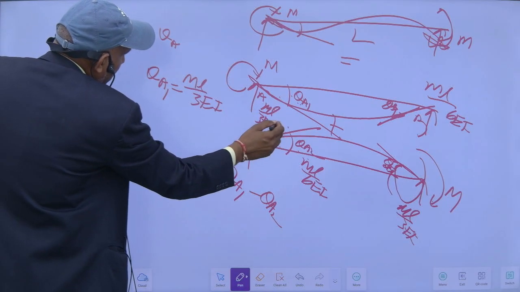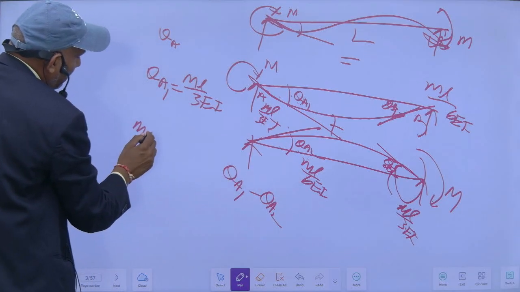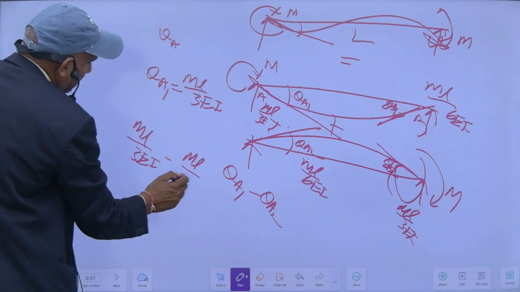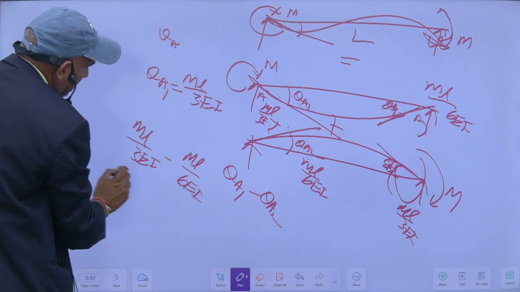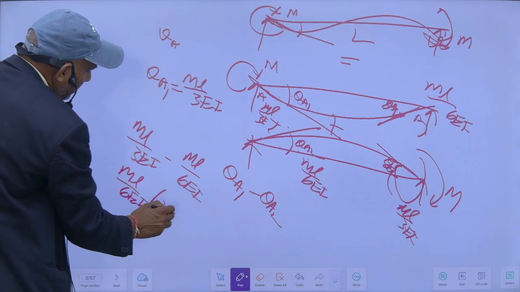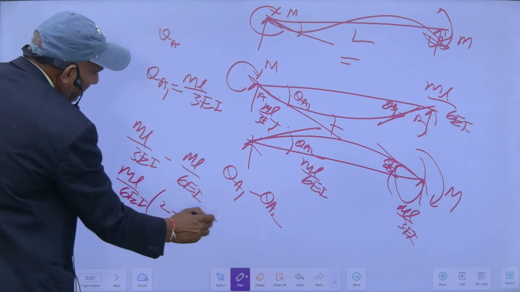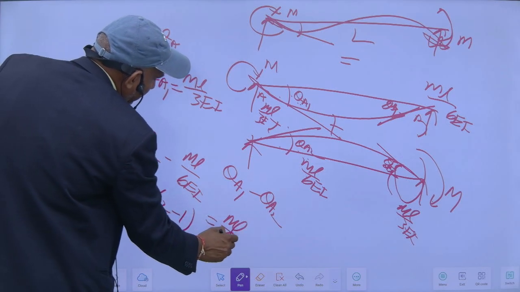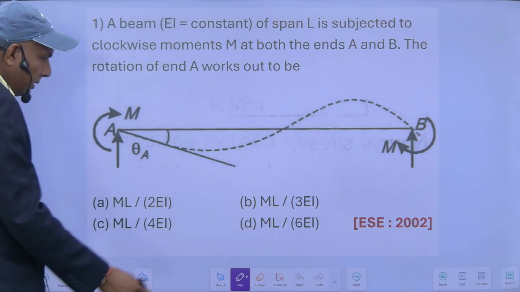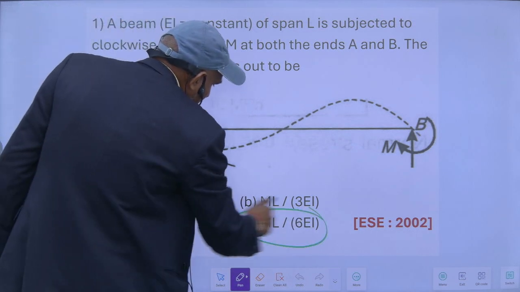So it will be ML upon 3EI minus ML upon 6EI. Taking ML upon 6EI common, it will be 2 minus 1, which is 1. So it will be ML upon 6EI. So the answer will be this one.